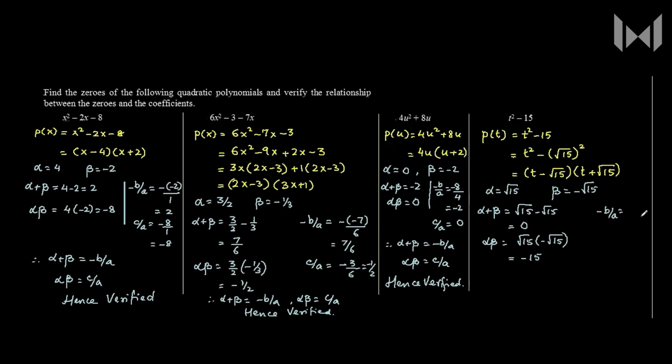Now b over here is 0, so 0 over 1, and that is equal to 0. And c by a is equal to minus 15 over 1, and that's minus 15. And therefore alpha plus beta is minus b by a and alpha beta is c by a. So once again we have verified the relationship between the roots.